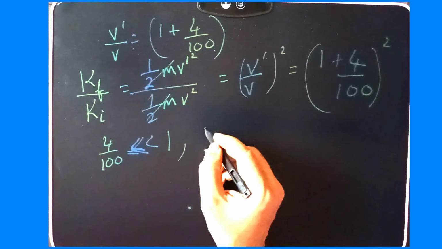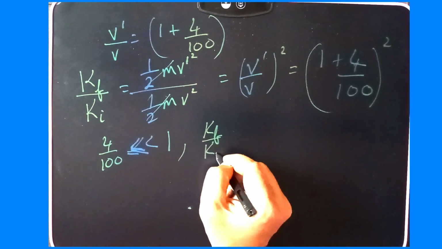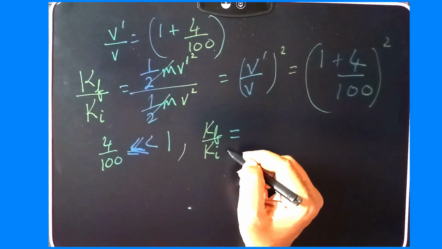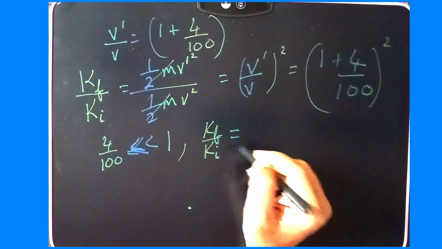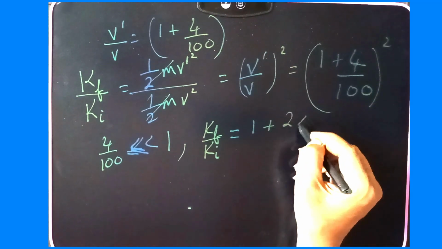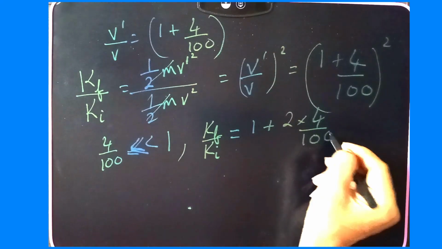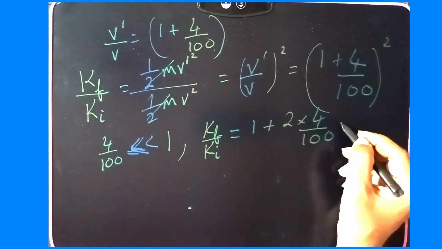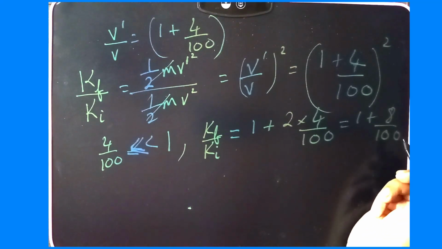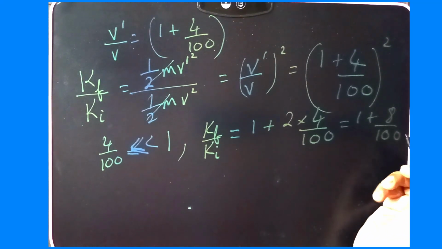So now what do we do? Final kinetic energy by initial kinetic energy will become equal to 1 plus 2 times 4 by 100. So now you can solve it: 1 plus 8 by 100. What is asked? Change, right?